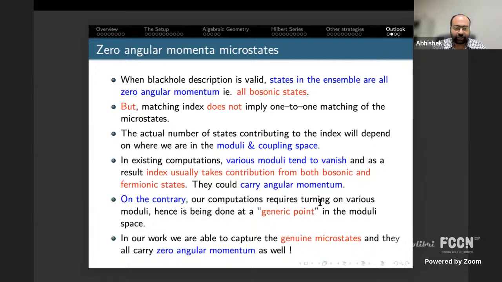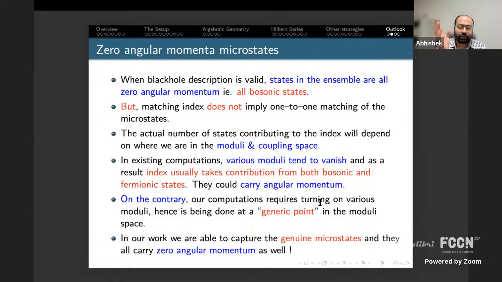It turns out that for our situation, it was reasonably okay to do, but if you turn on these generic points, conceptually it is clear what to do, but computationally, actually putting it in a computer and solving it becomes very challenging. So computing things at generic points in moduli space is challenging.